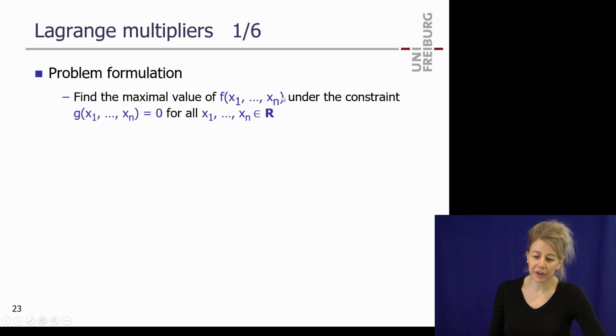So you're asking the question: some function depending on several variables. It was these gaps, d1 to dk. Here it's just any variables, x1 to xn from the real numbers. I also have a slide on what about if they are just from a part of the real numbers, under a certain constraint, which is an equality. I will just explain this method by an example now, and then you can practice it on the exercise sheet.